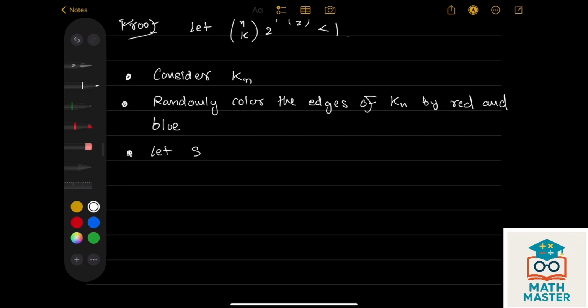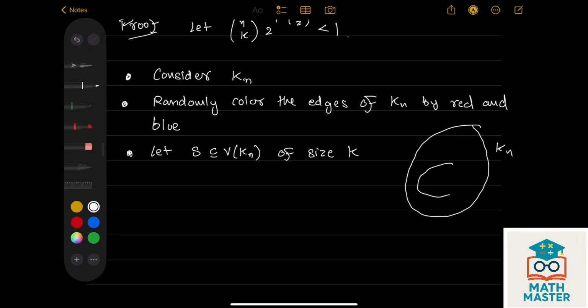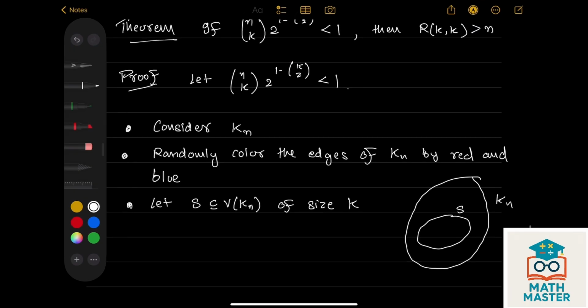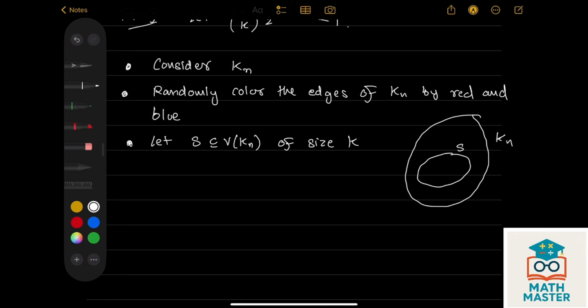Let S be a subset of V(Kn) of size k. Suppose this is your Kn, and you are taking a set S whose size is k, small k, which is given in the statement. Now let A_S be the event that the edge set on S is monochromatic.